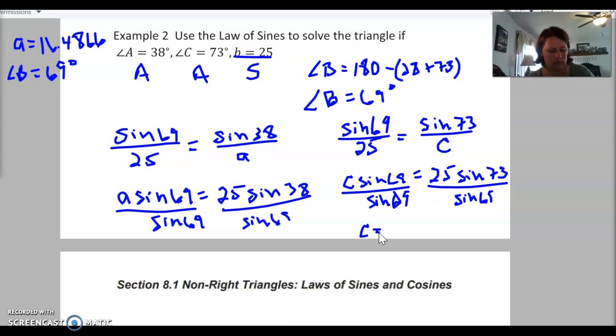And so we get 25 sine of 73 divided by sine of 69. And so we get C equals 25.6085. And so that is all of the information. Now we have everything that we need to know about this triangle. And so we're done with example 2.